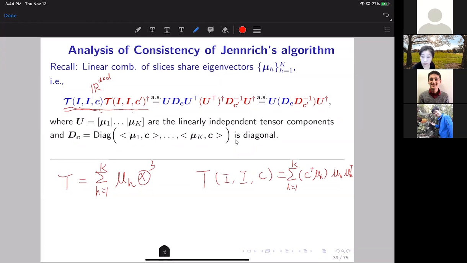If you stack each mu h as a column in this U matrix, then this will be the U. And then DC is nothing but a diagonal matrix with these components, the inner product of C and mu h. So exactly like here, right? So this can be written as U DC U transpose. Okay, any questions?